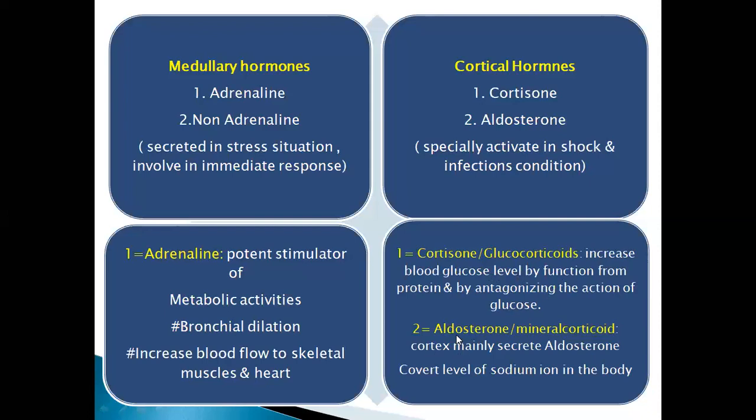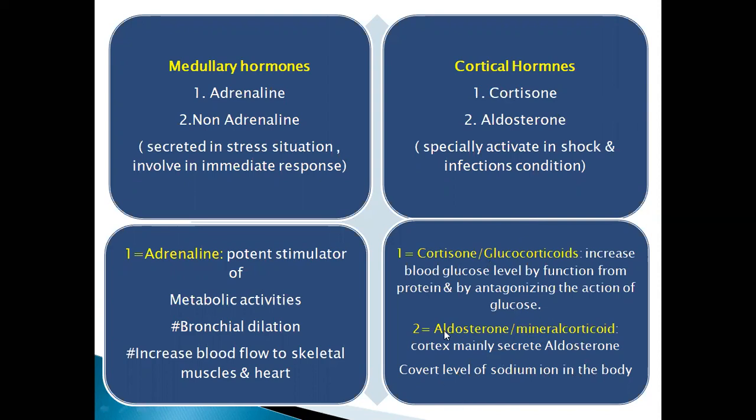Next is aldosterone. That is another hormone, and it's an example of a mineral corticoid. These two are the hormones of the cortex region. The cortex mainly secretes aldosterone, which conserves the level of sodium ions in the body by preventing their loss from the kidney tubules.